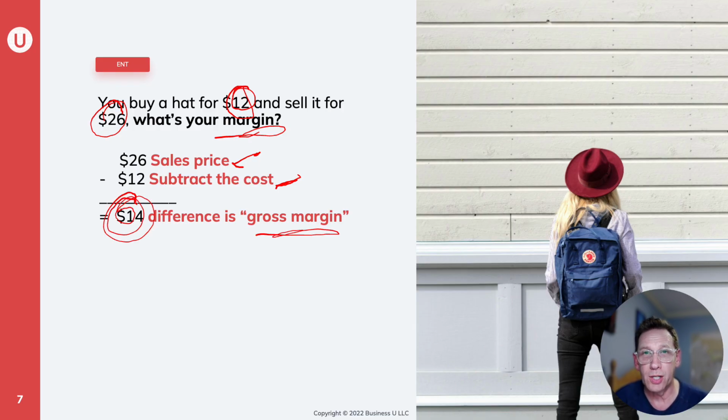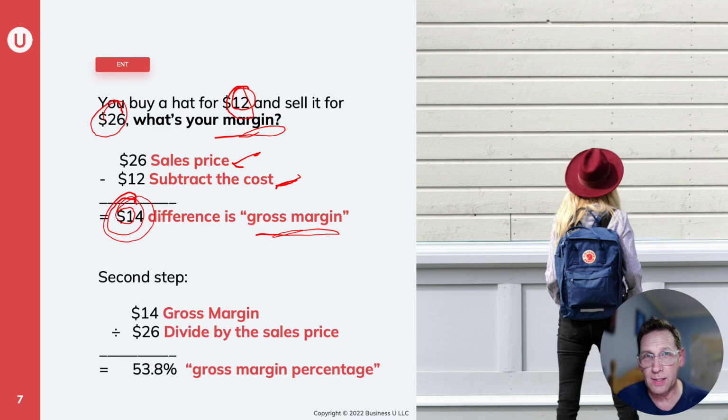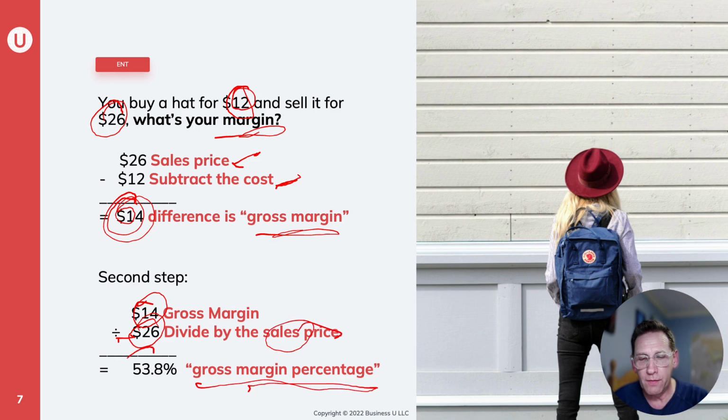That's your gross margin right there. Again, because we express a lot of things in percentages, we take our second step. We take our gross margin, the $14, divide it by the 26, the sales price, and we get our gross margin percentage of 53.8%.